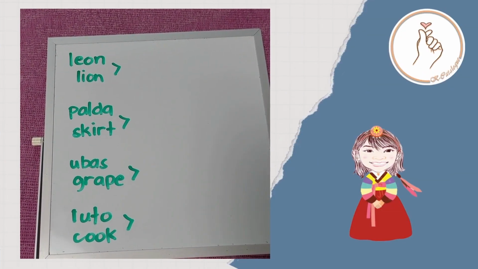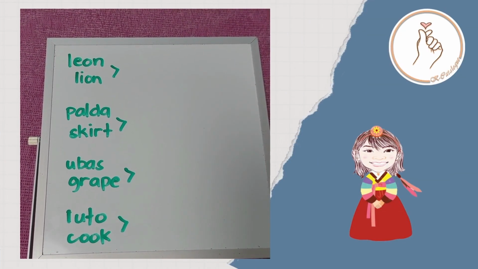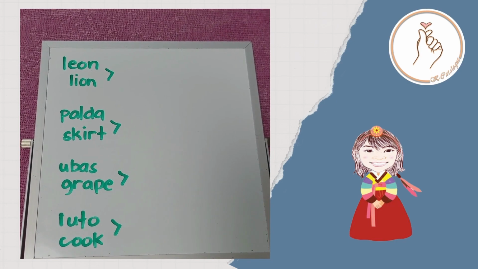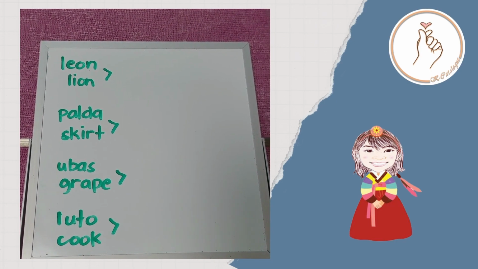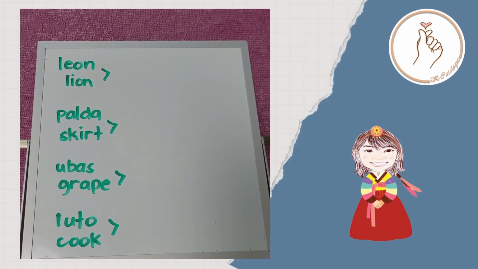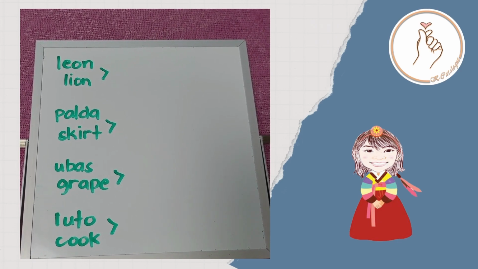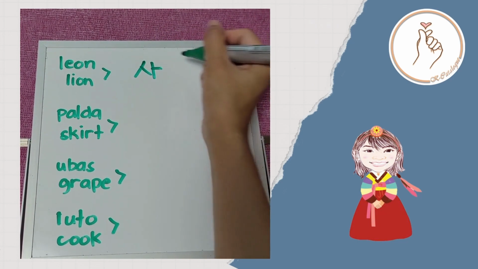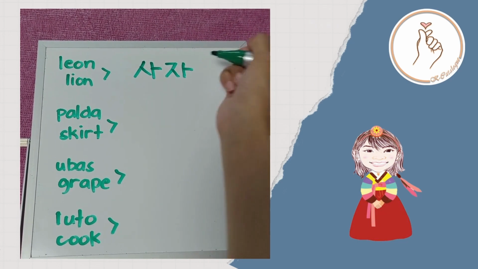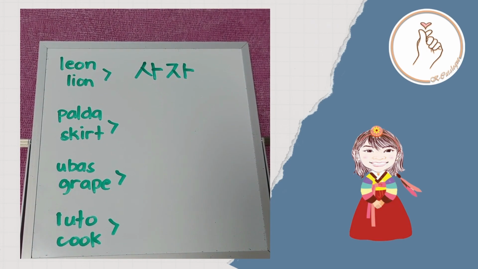I have here words in Tagalog and English, and we're going to write them in Korean. So first word, leon or lion in Korean is saja. Again, pag sumusulat tayo, syllables by syllables yung pagsulat natin. So, since saja siya, sa, ja. Next word, palda or skirt.